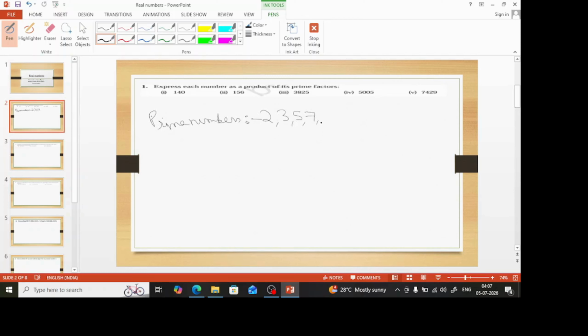Now 7, likewise. So prime numbers are those numbers like 2, 3, 5, 7 and so on.